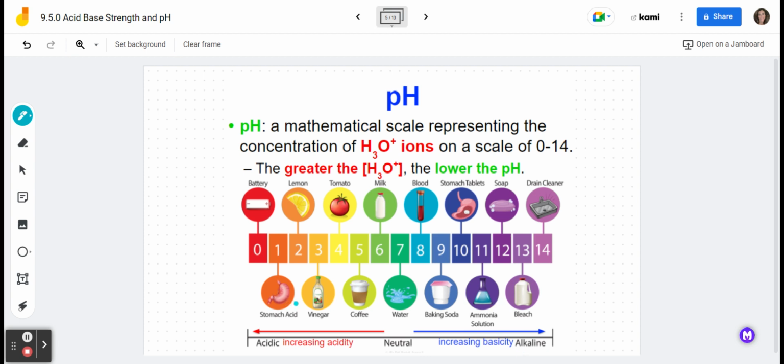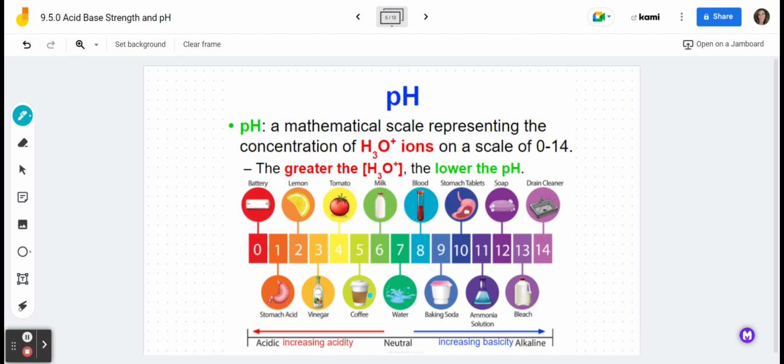So here are some common substances: stomach acid, strong acid, hydrochloric acid. Vinegar is going to be a weaker acid, acetic acid, for example. Lemons, tomatoes are also some different examples. Coffee is still acidic, but it's a weaker acid because we're getting closer to the end of the range. Milk is close to neutral.